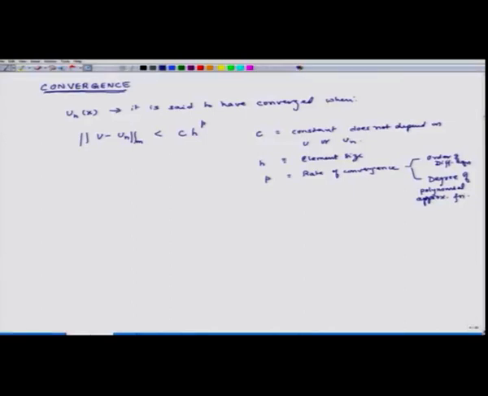If you use a linear function, it may have some value; if you use a quadratic function, it will have another. We will see these things in more detail later, maybe tomorrow or day after tomorrow. But at this stage it is important to understand that convergence is said to have happened when the energy norm is less than or equal to C times h to the power of p.